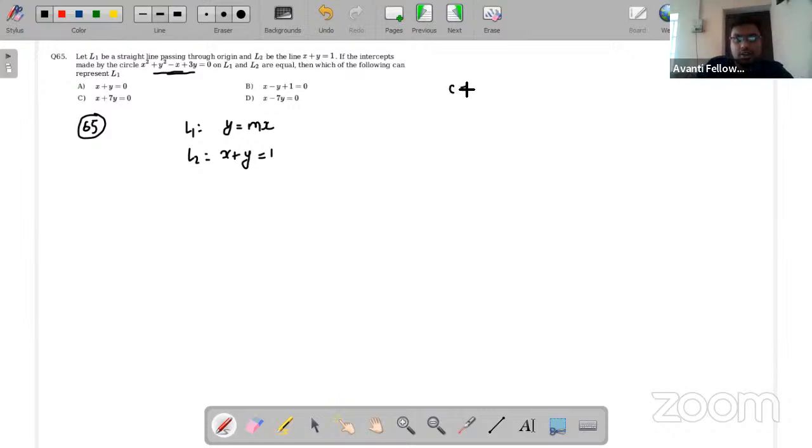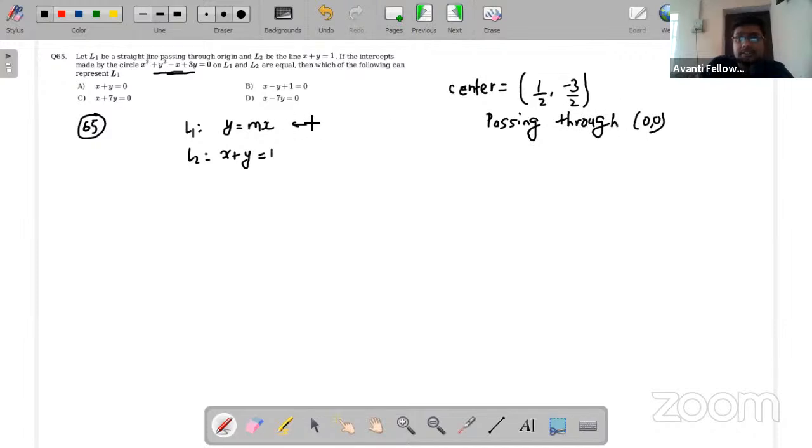So the center of the circle will be 1 by 2 and minus 3 by 2. Also, you can see that here the constant term is 0. That clearly means that the circle is passing through the origin also. So it is passing through 0, 0.